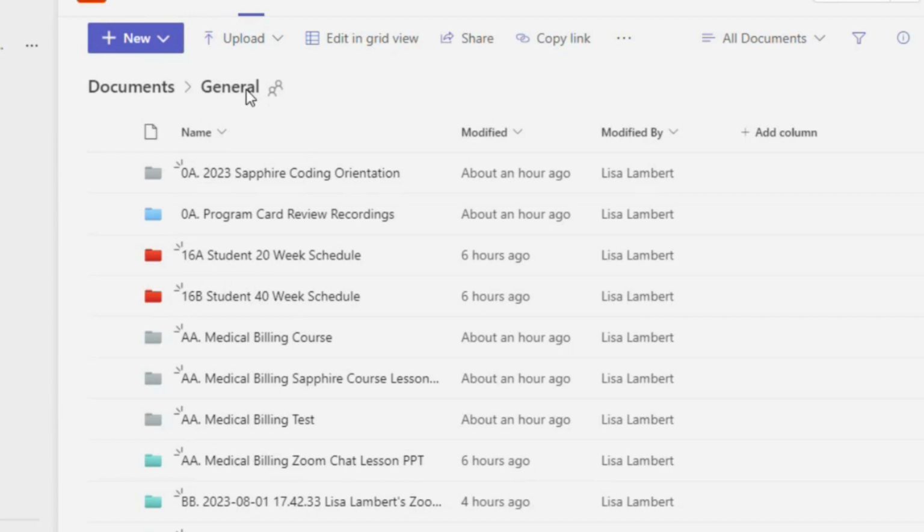Just let me know and we'll get it together. I have the other screen up because I'm looking at some other stuff, just in case you guys get stuck. I don't want you guys to get stuck on anything. As you see the red folders, I did put the 20-week and the 40-week schedule in the folder. So let me know if you have any questions, but I'm going to move down the line.